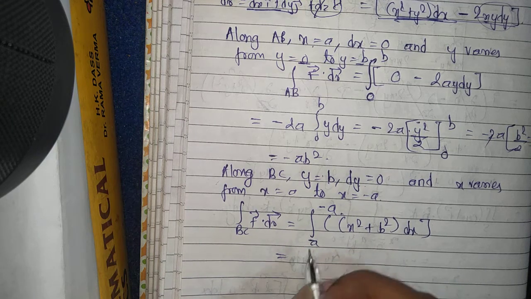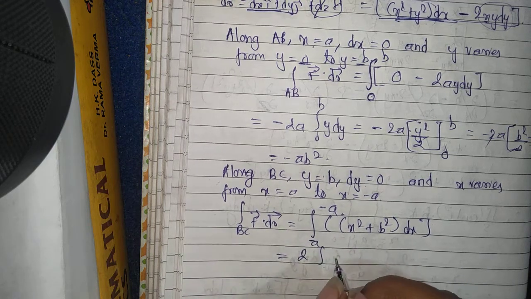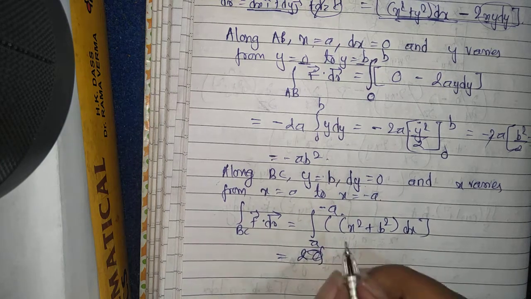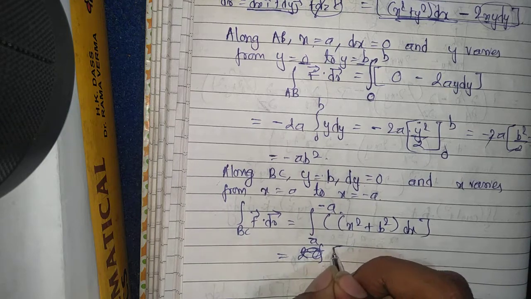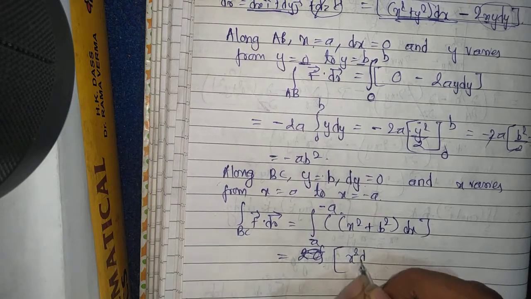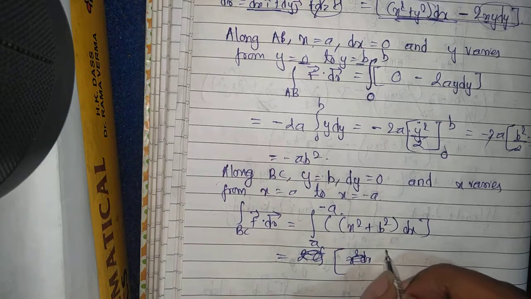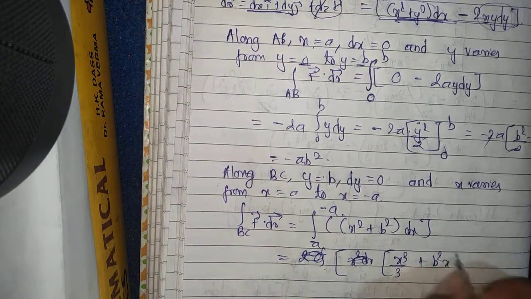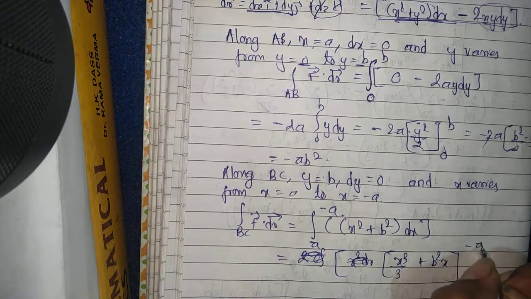Now integrating, we get x cubed by 3 plus b squared x, and let it be our value.